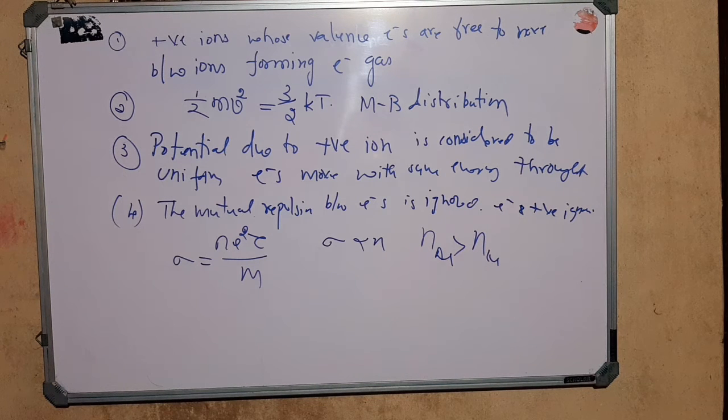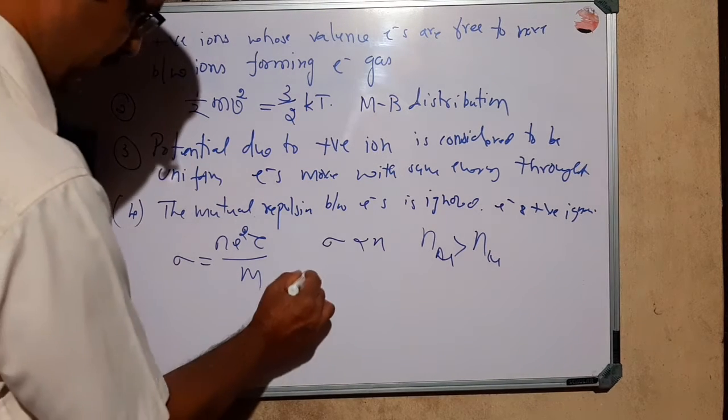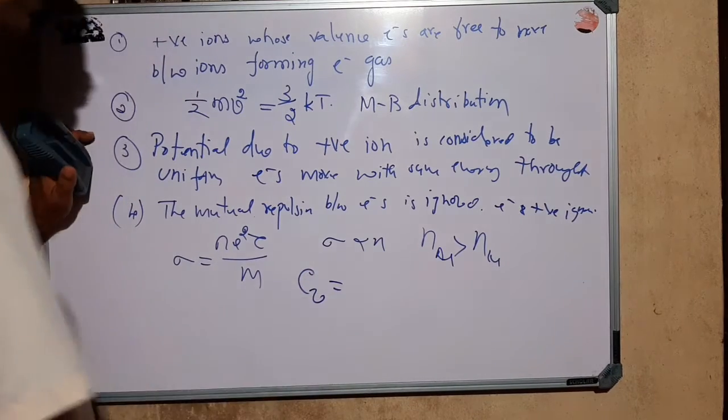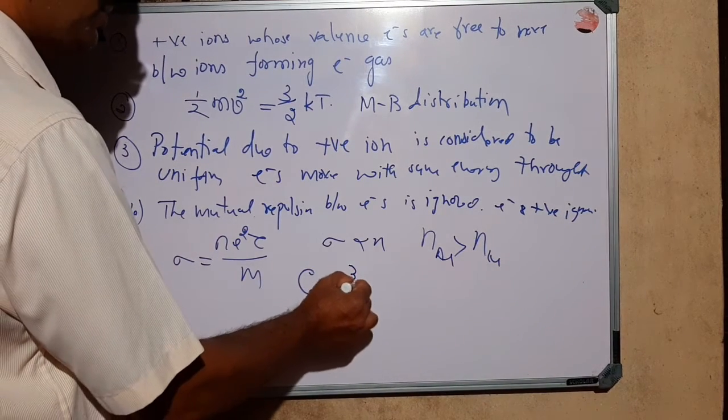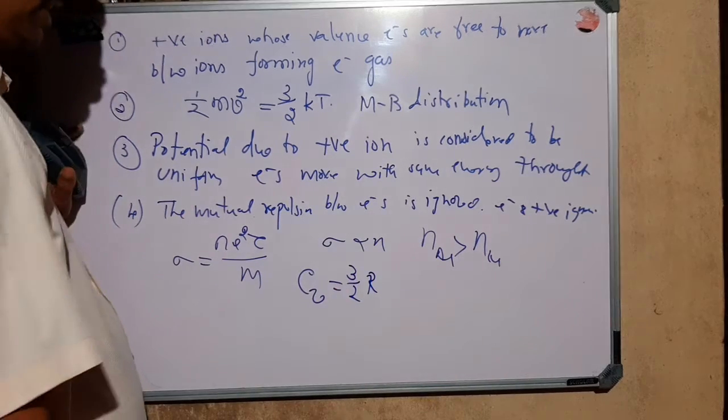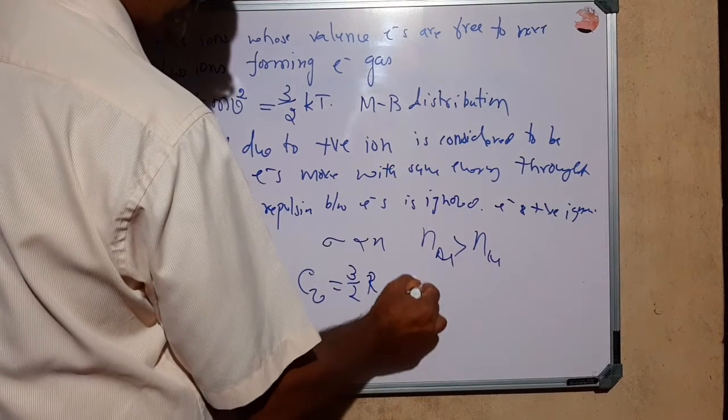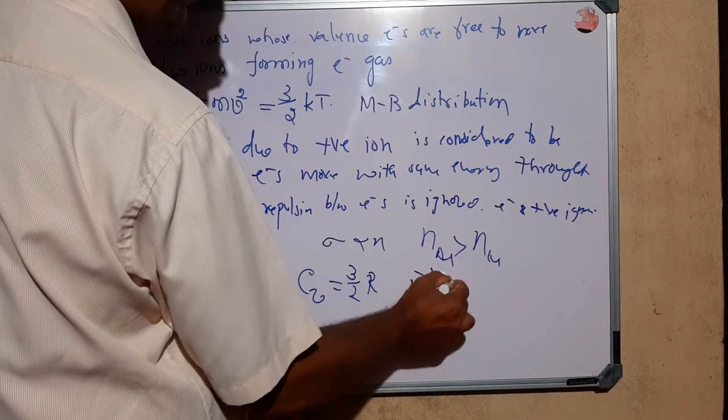Similarly, when you consider the specific heat at constant volume, according to this classical free electron theory, Cv is equal to 3/2 R. But experimentally, it is equal to 10 to the power minus 4 RT.